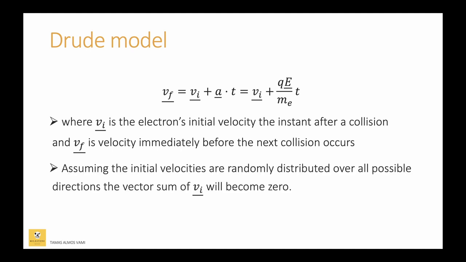So with the symmetries in mind, we can assume that these initial velocities will be completely random in their direction. So if you sum up these vectors, then this v_i will have a length of 0. These vectors will just be a null vector.